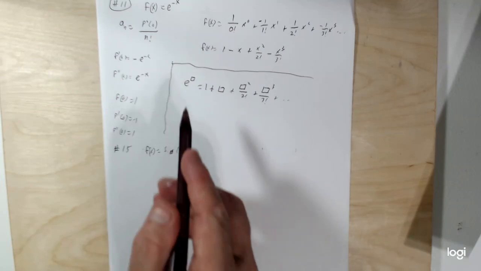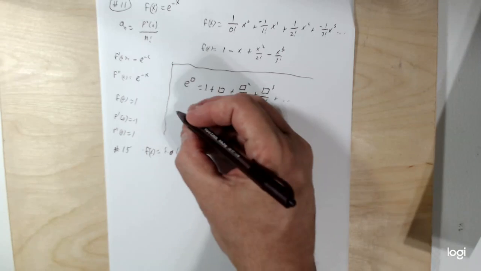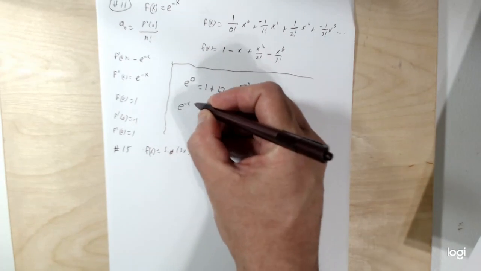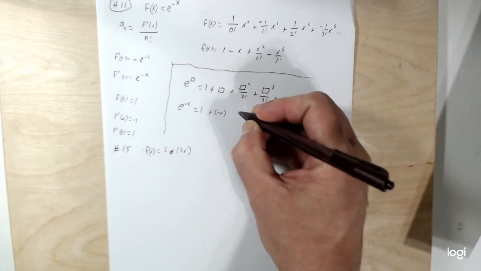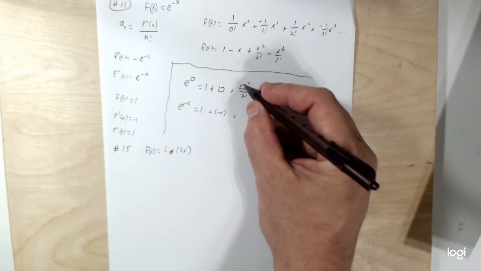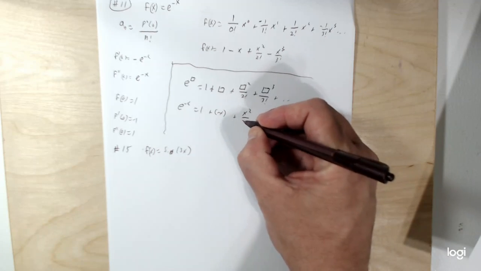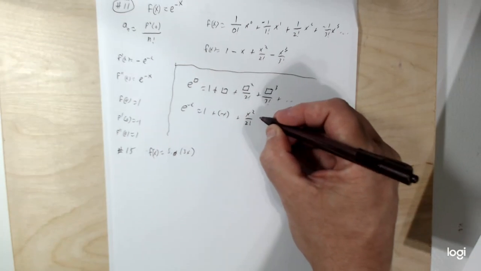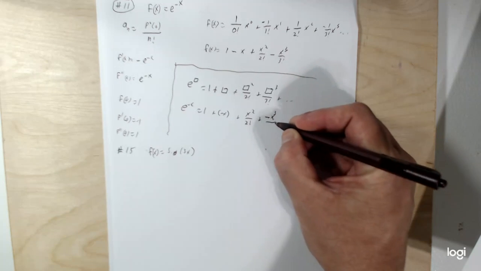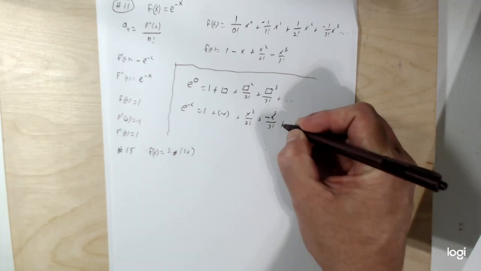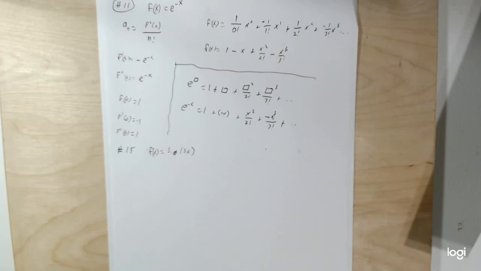And I simply, instead of putting an x in that box, put an opposite of x in that box. I get e to the minus x is 1 plus the opposite of x plus the opposite of x squared is going to be just x squared over 2 factorial. Opposite of x cubed is going to be opposite of x cubed over 3 factorial, and so on. And notice we get the same result.